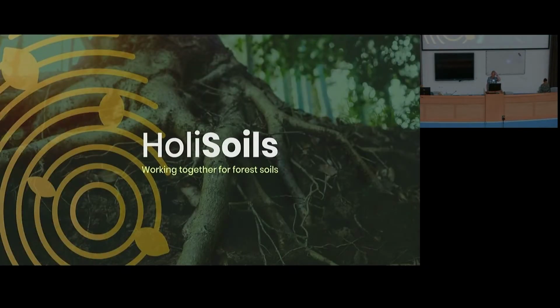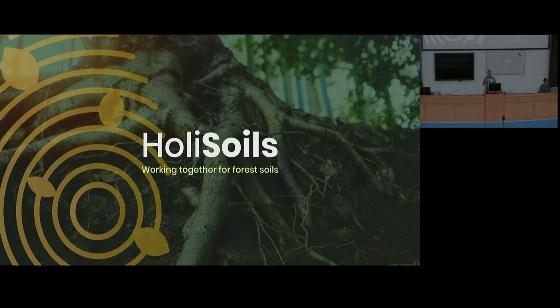Now I switch to the Horizon 2020 project that we started last year, where we are included as a partner. HoliSoils is about holistic management practices, modeling and monitoring for European soils.